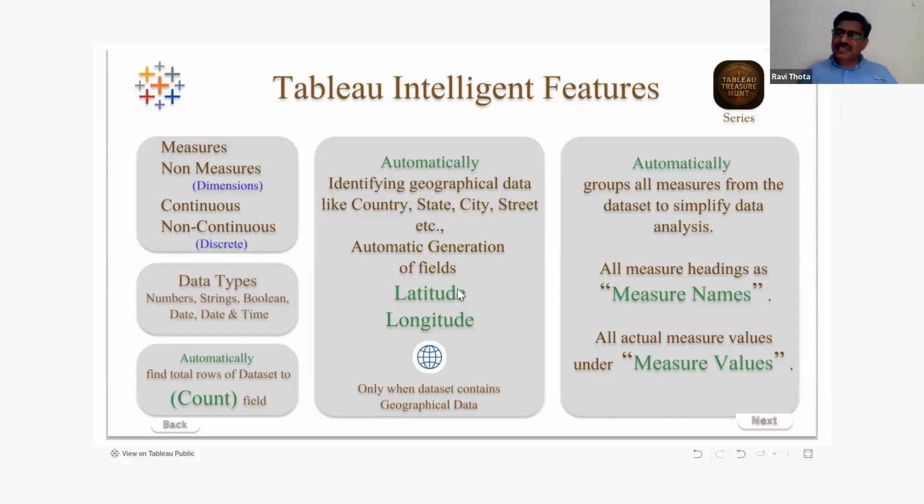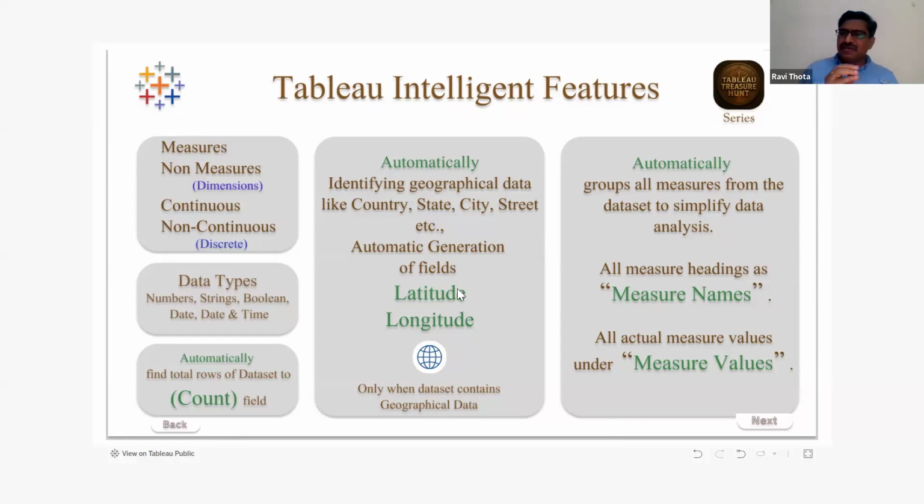That is the greatest feature of Tableau. Though there are some workarounds with Power BI, it is not as sophisticated as Tableau, and people like Tableau because of this very important feature.